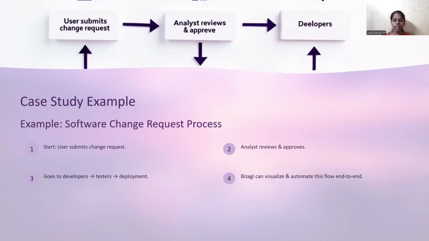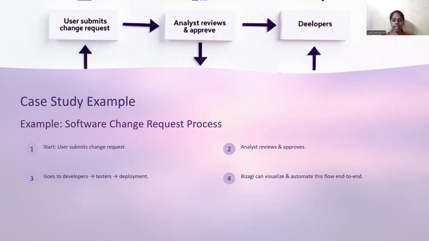This case study is an example showing a finished Bizagi workflow running. A user submits a change request, and the system assigns it to the analyst for review. If approved, it goes to developers for implementation. After coding, it goes through testing and final deployment.